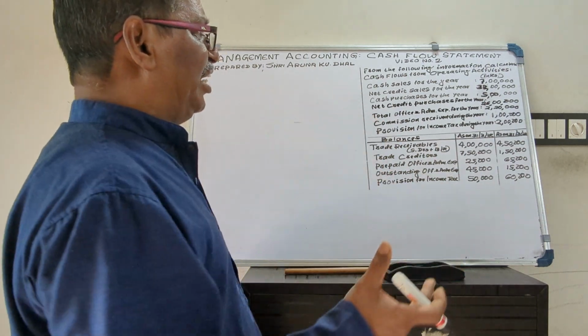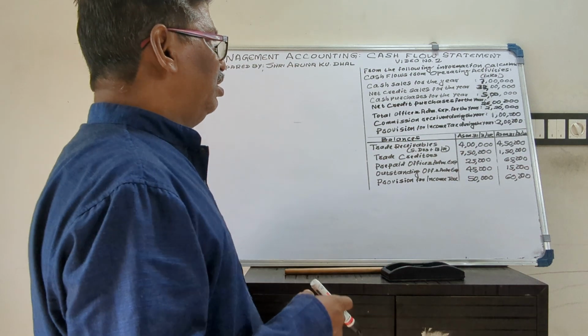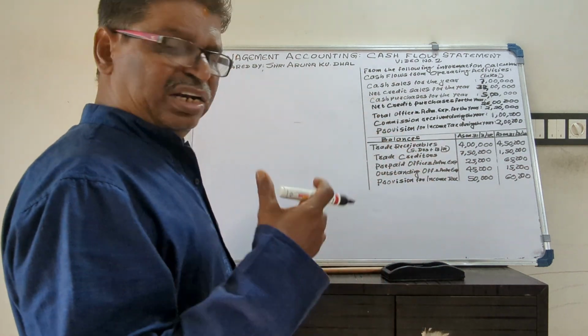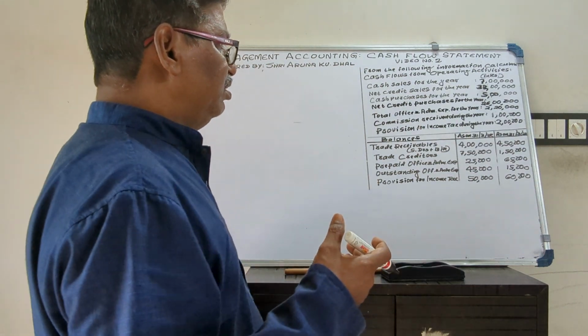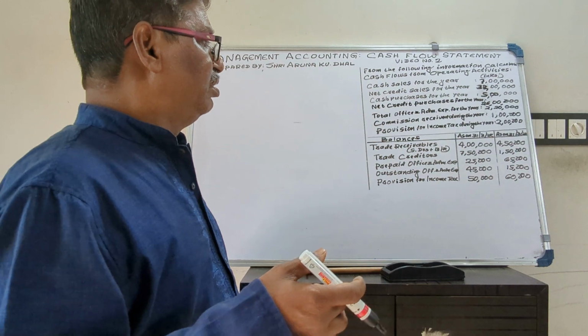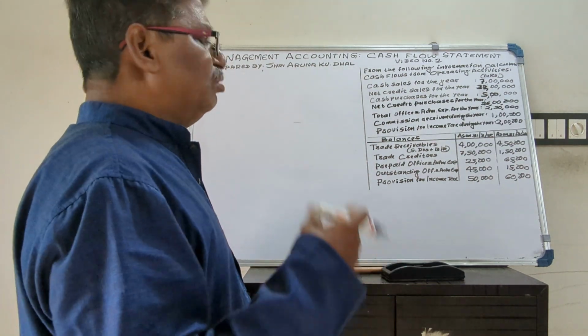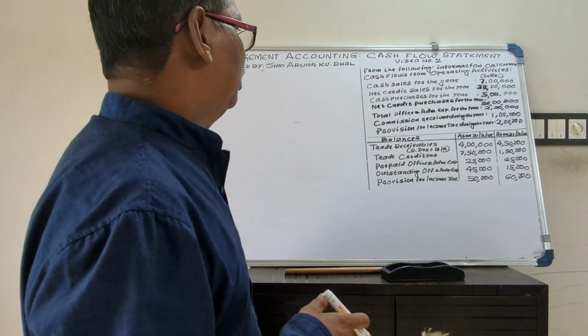Then on the credit sales, the cash will be realized from our sundry debtor or bills receivable parties in terms of cash within an agreed period of say 1 month or 2 months, whatever that may be.